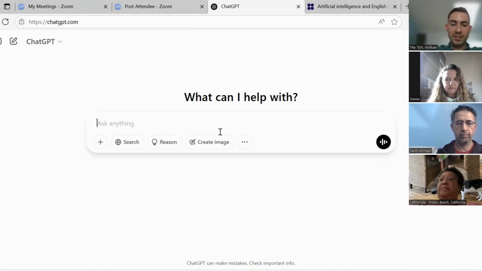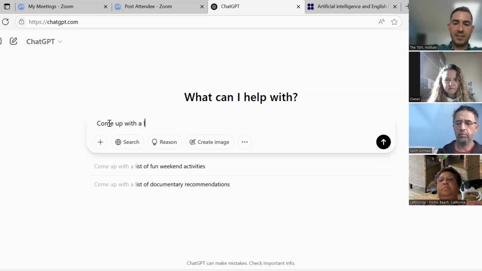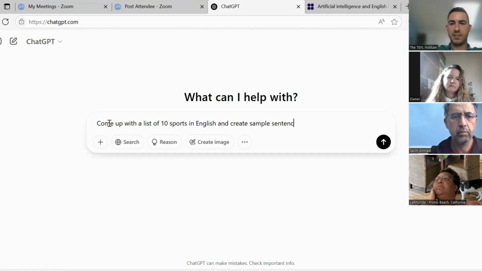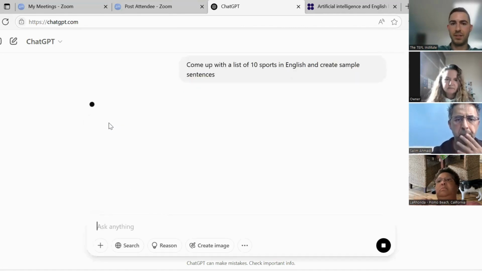You could start the lesson by getting your students to come up with a list of 10 sports in English, okay? And create sample sentences. So this might be a nice way to revise vocabulary from the last lesson.